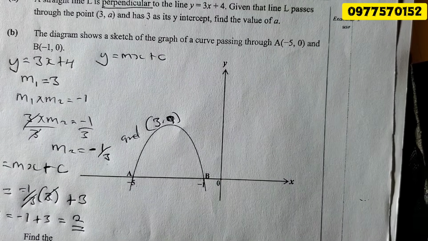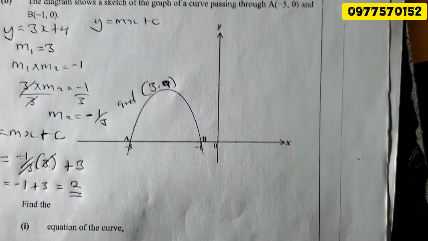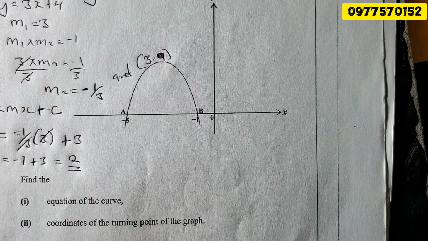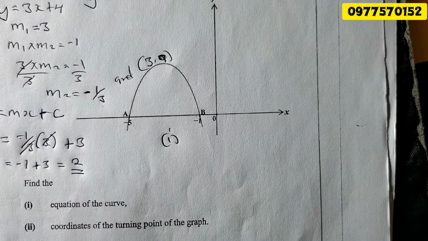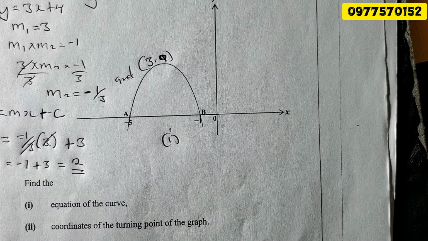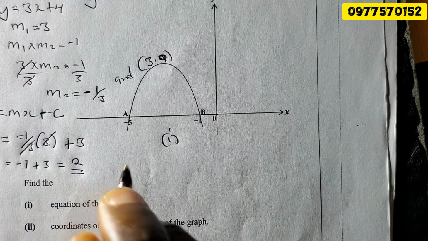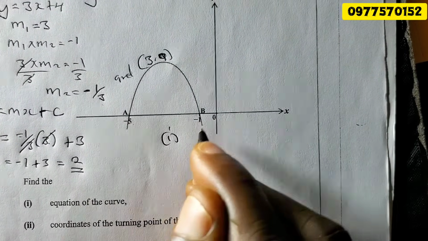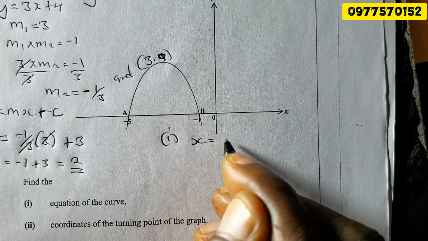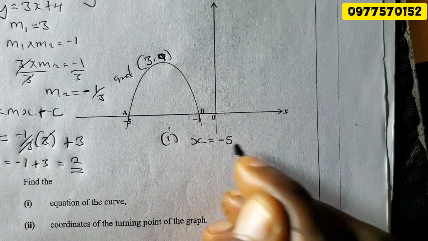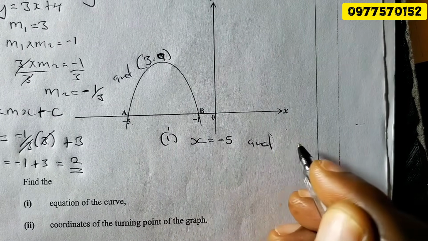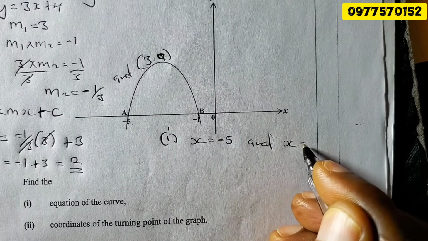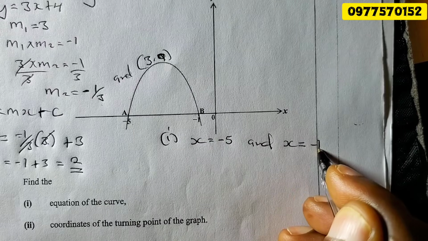The equation for the curve is very simple. Check, guys. So this is 1. The equation of the curve, we are going to do like this. Here x is equal to negative 5, and here x is equal to negative 1.